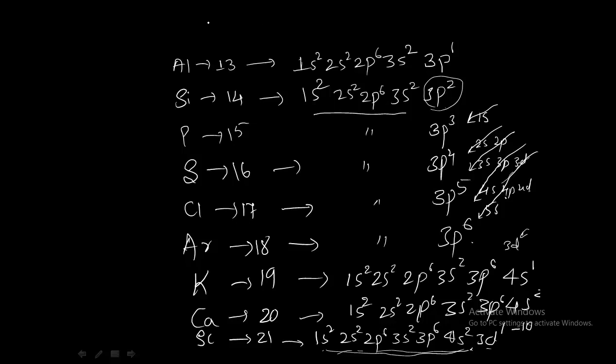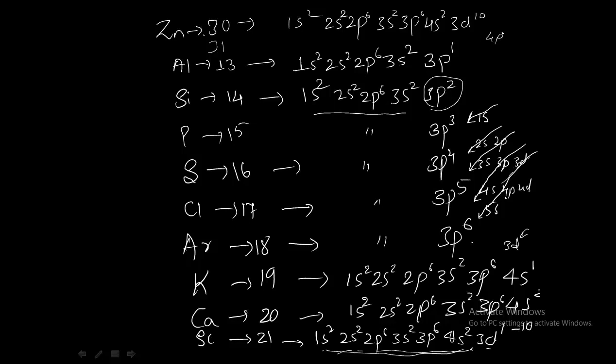At atomic number 30, zinc, the electronic configuration becomes 1s2, 2s2, 2p6, 3s2, 3p6, 4s2, 3d10. Then if we move to atomic number 31, after d, it will go to 4p. Then you have to write 4p.